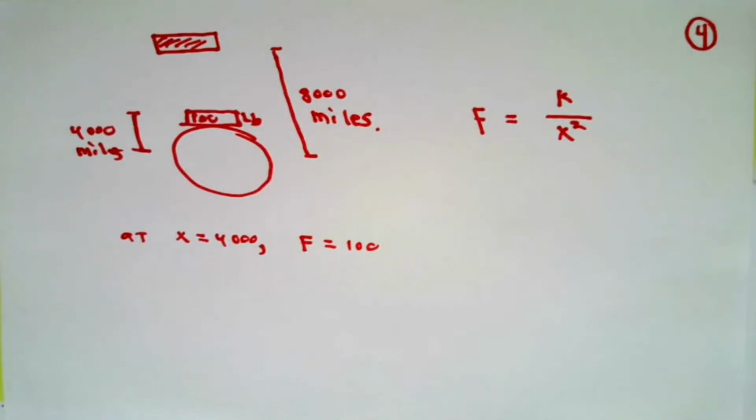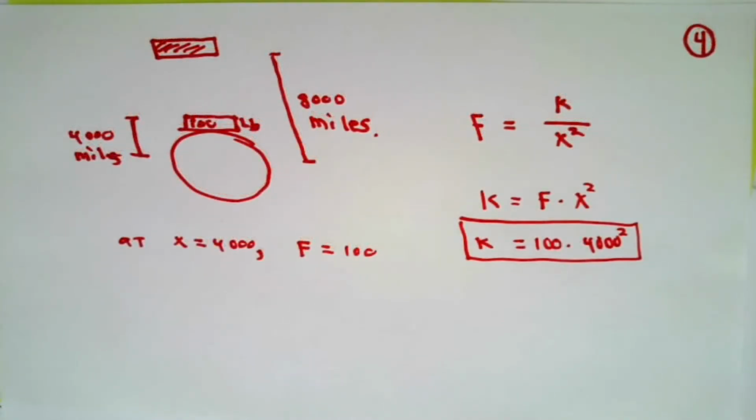By telling you that the force is 100 when x is 4,000, knowing Newton's law of gravitation, this will let us figure out what the constant k is. I'm still going to write the quantity with the letter k, but in point of fact, we know what k is. It's 100 times 4,000 squared. I'll just write that in when I need to use it.